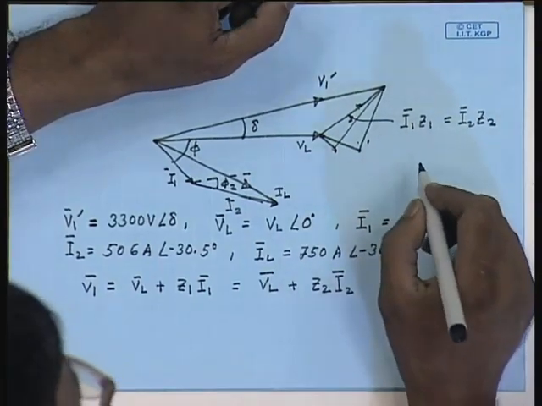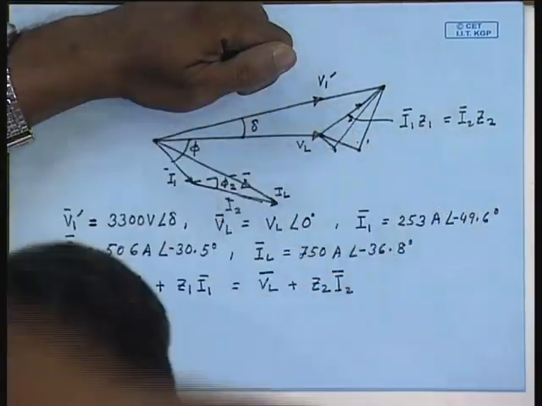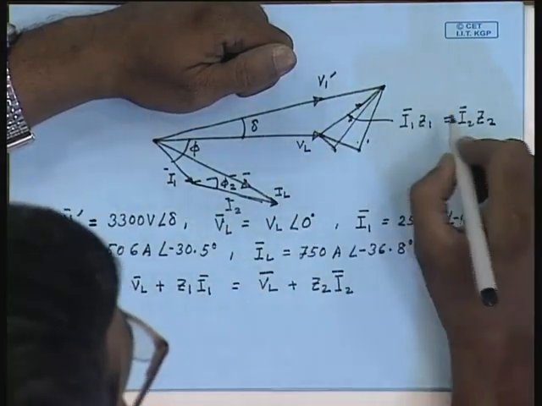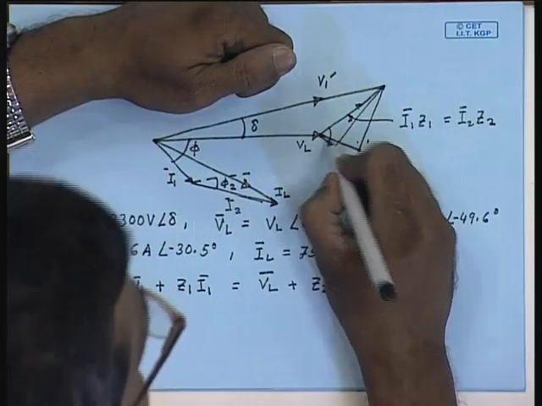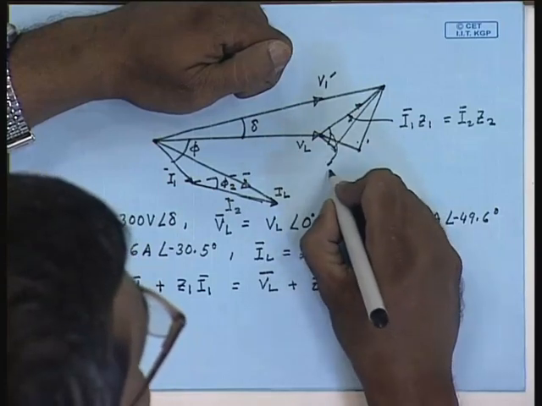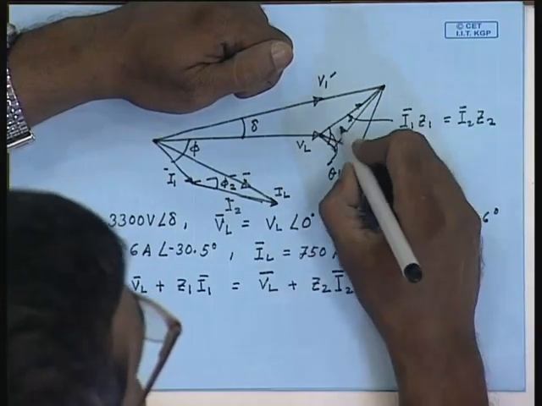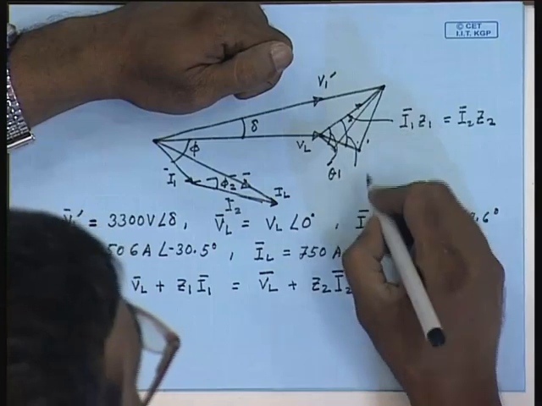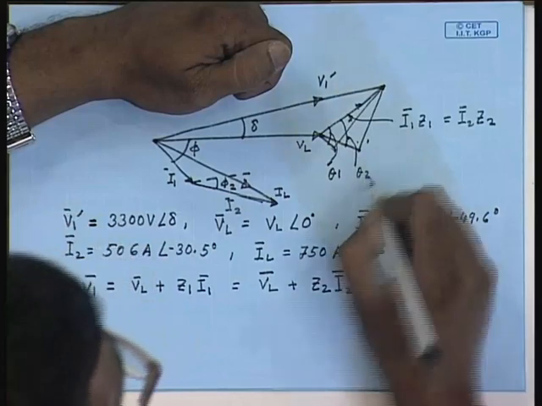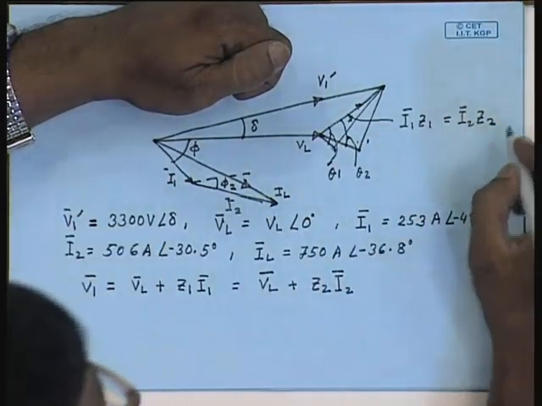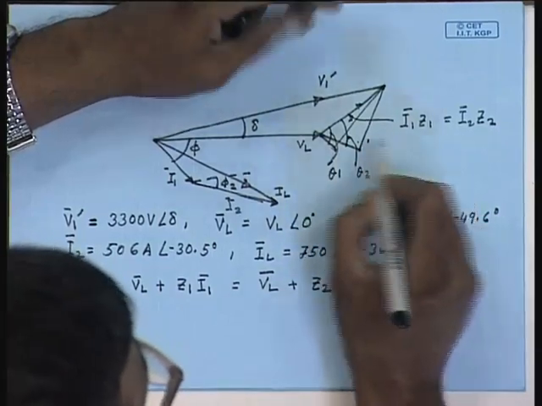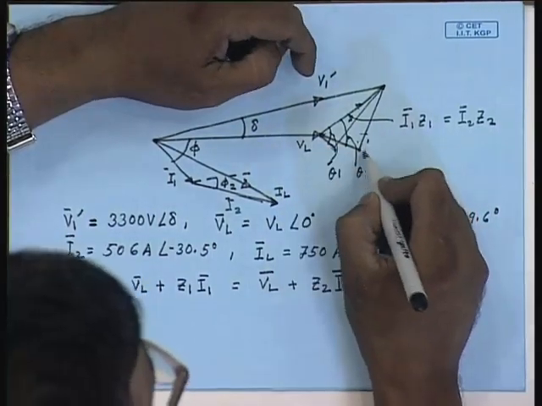Now, this angle is the impedance angle of Z1, that is, this is theta 1, and this angle is the impedance angle of Z2, that is theta 2. And this angle is phi 1, this angle is phi 2.